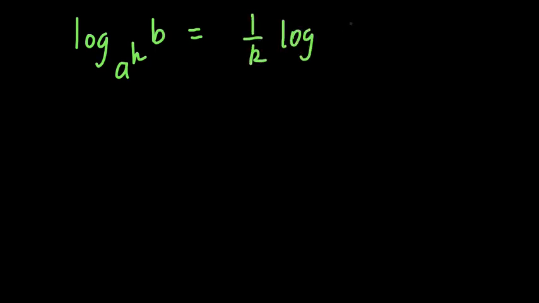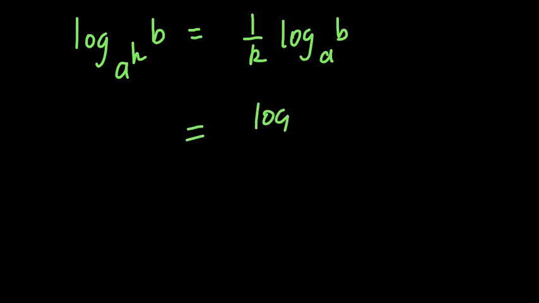So while we are within the change of base property, another interesting question can be: log base a^k of b is the same as 1 over k log a b. Okay, so it's still the same thing.